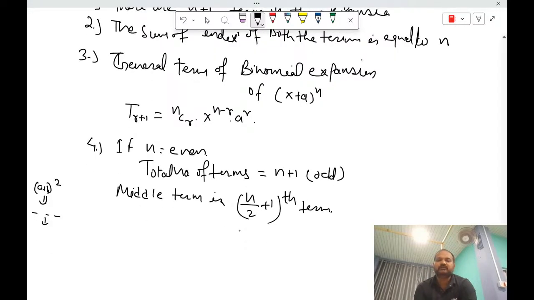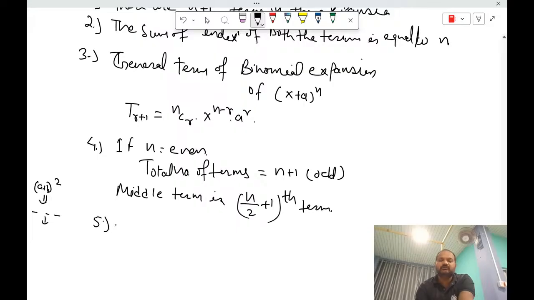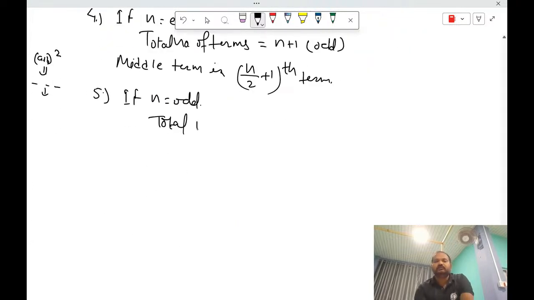Now, property number 5: if n is odd, the total number of terms in the expansion will be n plus 1, so the total number of terms will be even.